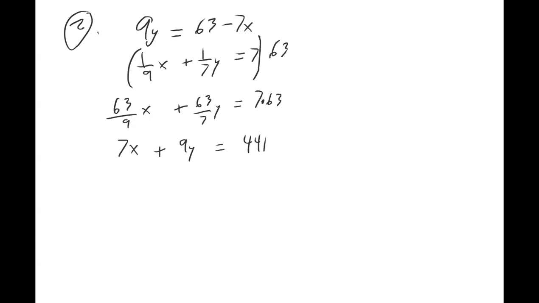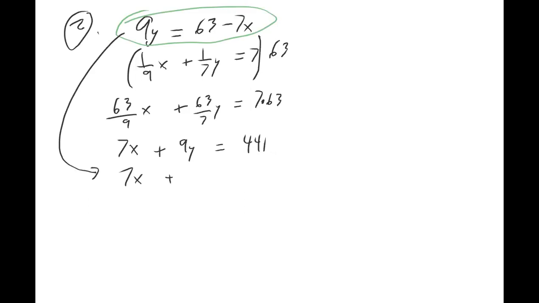Now let's look at the equation up here on top, and let's rearrange that. Let's put the negative 7x over on the left side. So I'll get positive 7x on the left side, and then plus 9y, and then equals 63.